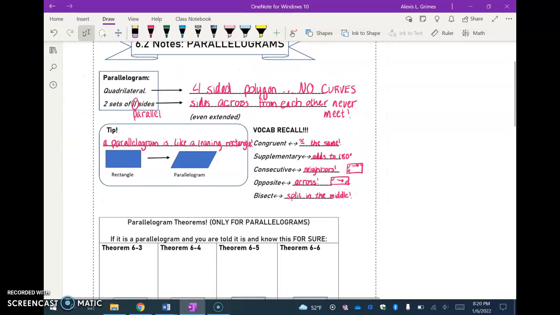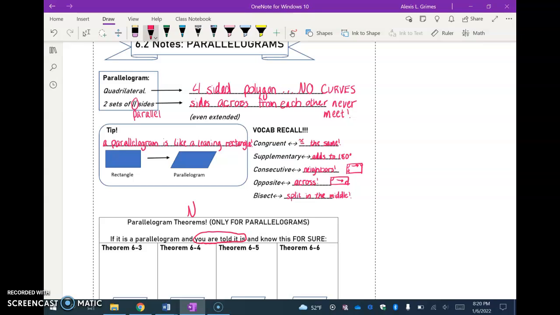We'll zoom out here. So next we're going to be talking about different theorems here, but these theorems are only for parallelograms. You can't use these theorems unless you know for a fact something is a parallelogram. Notice I wrote if it is a parallelogram and you are told it is. I want you to circle, you are told it is.